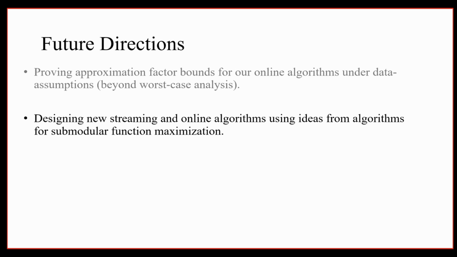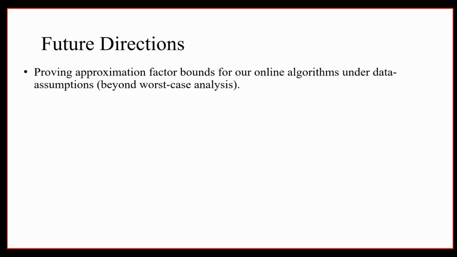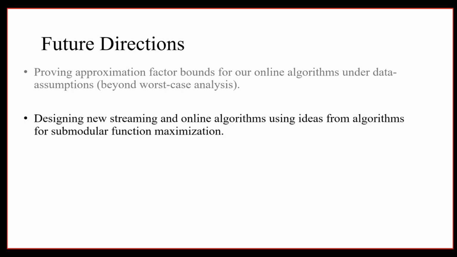Similarly here, we do have an artificial hard instance, but the data sets don't actually translate to that. So can you prove better bounds for our online algorithms under some assumptions on the data, essentially to go beyond worst case analysis, and also design new streaming and online algorithms for this problem using ideas from algorithms for submodular function maximization?